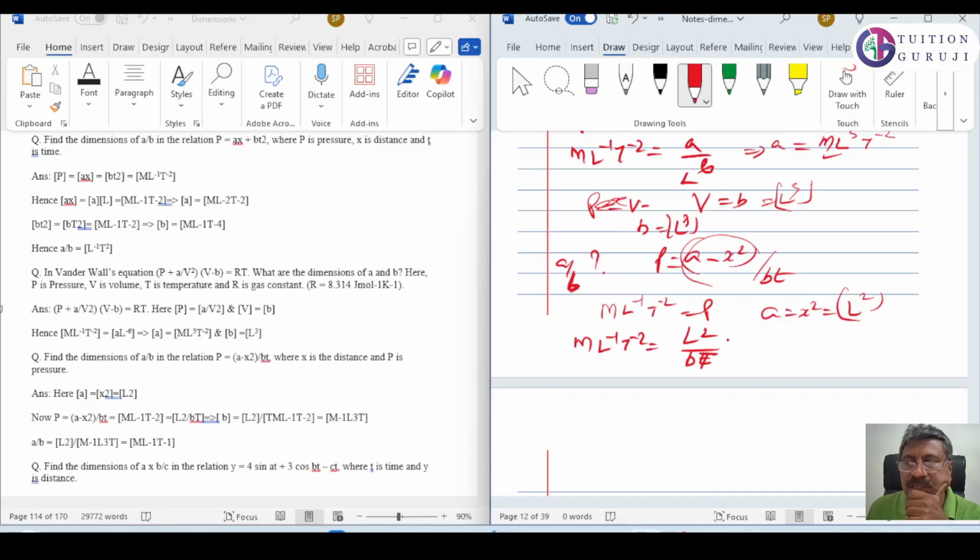Now what happens? b is equal to L square by t into M L raised to minus 1 T raised to minus 2, which is equal to M raised to minus 1 L cube T. This is b.